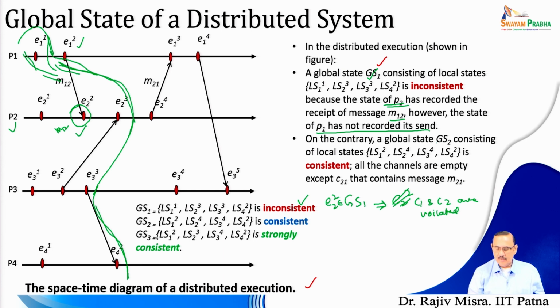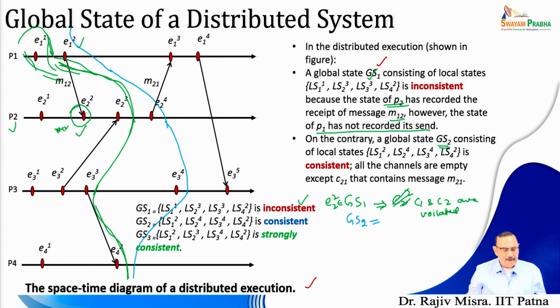Whereas, on the contrary, the global state GS2 consists of local states LS12, then LS24, then LS34 and then LS24.